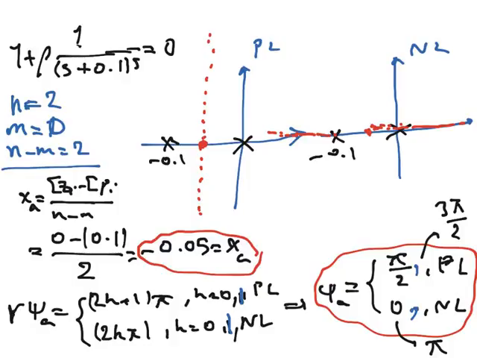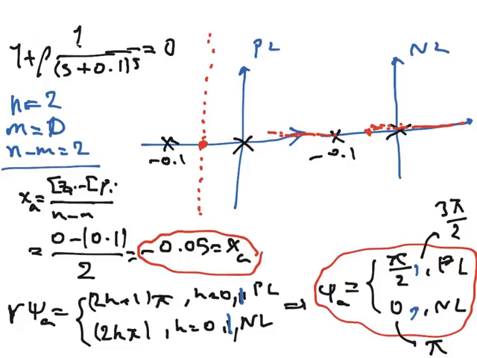Alright, now let's see what are the parts of the real axis which belong to our root locus. In the case of positive locus, we already know that the parts of the real axis for which we have an odd number of poles and zeros belong to the root locus.